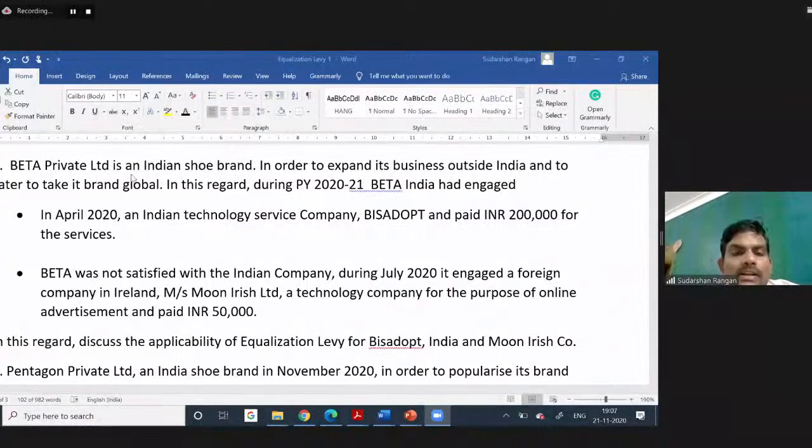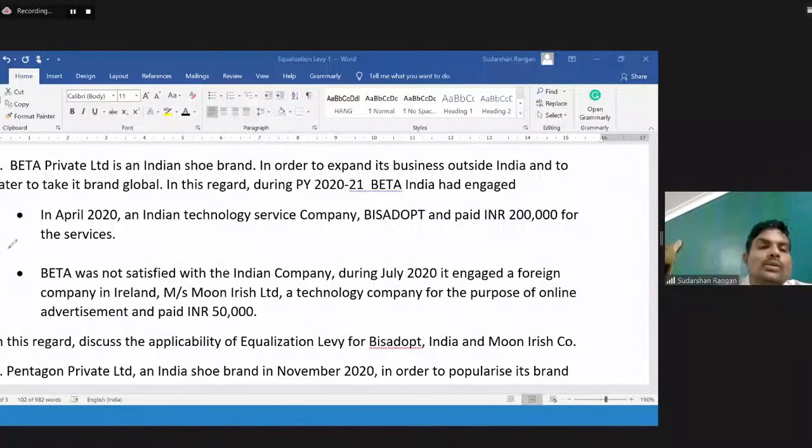Beta Private Limited is an Indian shoe brand. In order to expand its business outside India and to take the brand global, Beta India had engaged in April 2020 an Indian technology service company, Bisadopt, and paid INR 2 lakhs for the services.